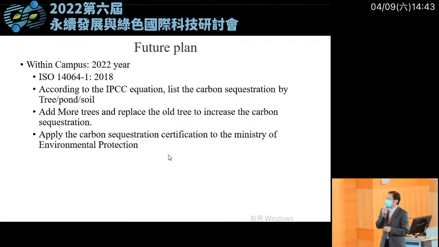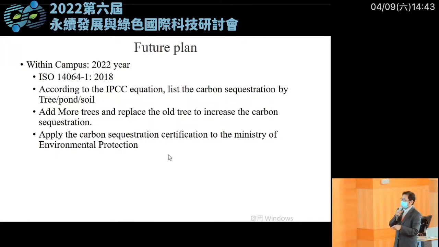The second thing, on this license, we will list the carbon sequestration by trees. In our school we have trees, a big detention pond, and so much soil.